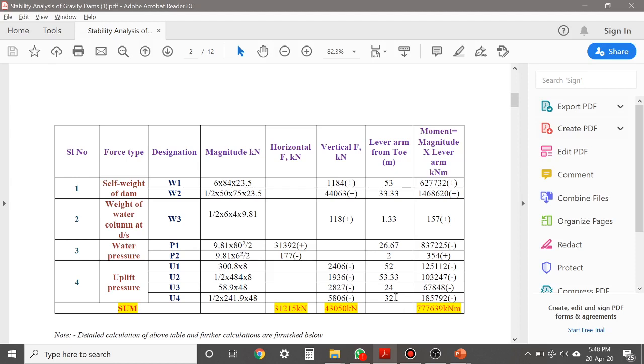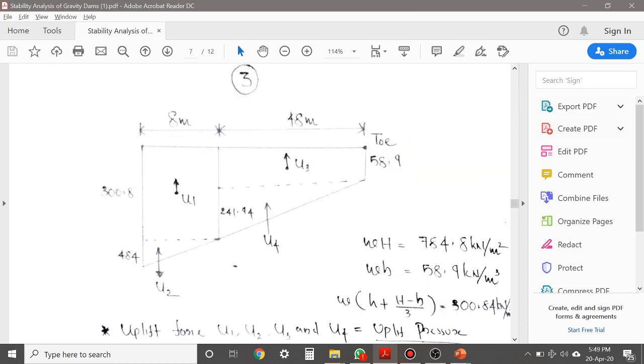And we are taking the moment about toe. So while taking the moment about toe, if you take the moment of U1 about toe, it will be in the clockwise direction. You know that according to our sign convention, clockwise direction is negative.